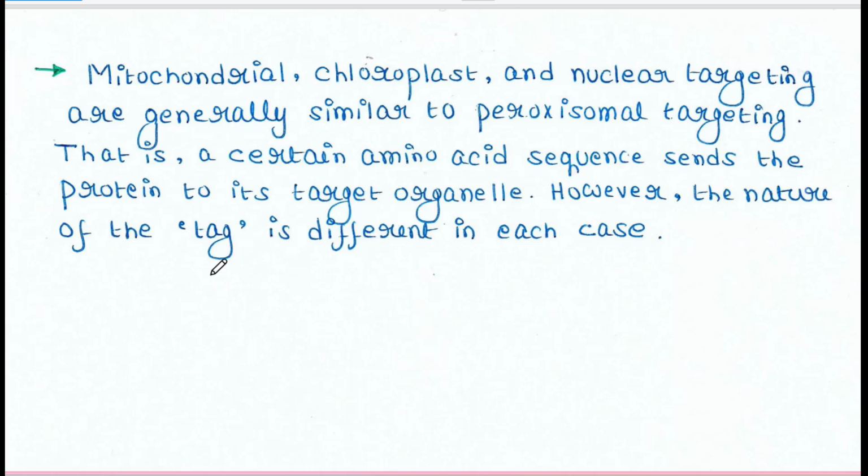However, the nature of the tag is different in each case. So there are many different tags, just like our unique house addresses. So based on these tags, the proteins are separated into different spaces or locations of the cytosol.